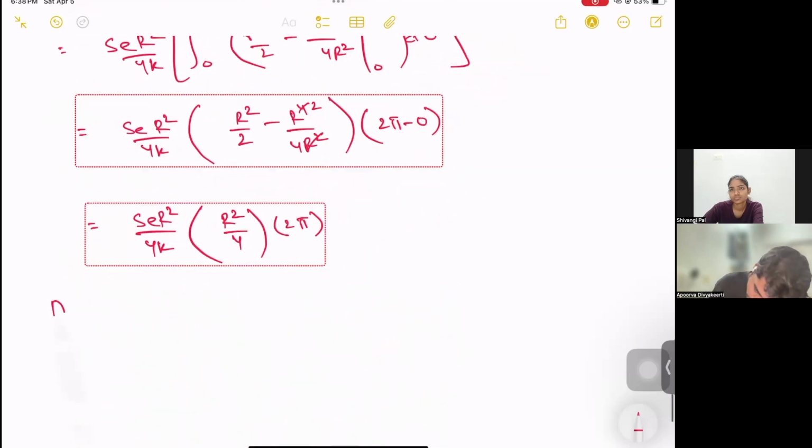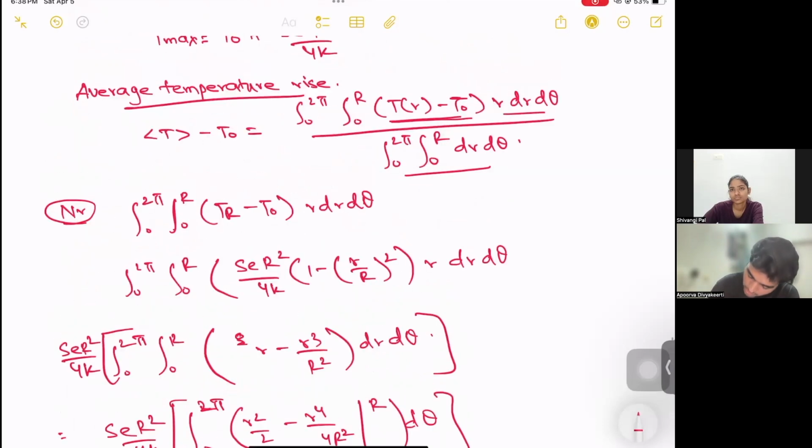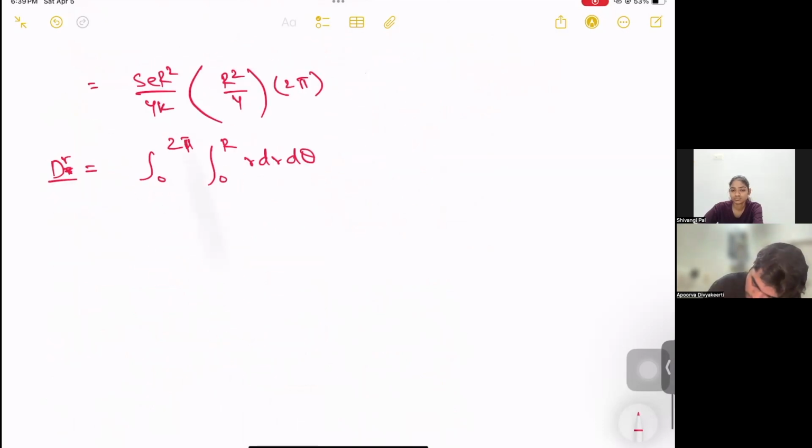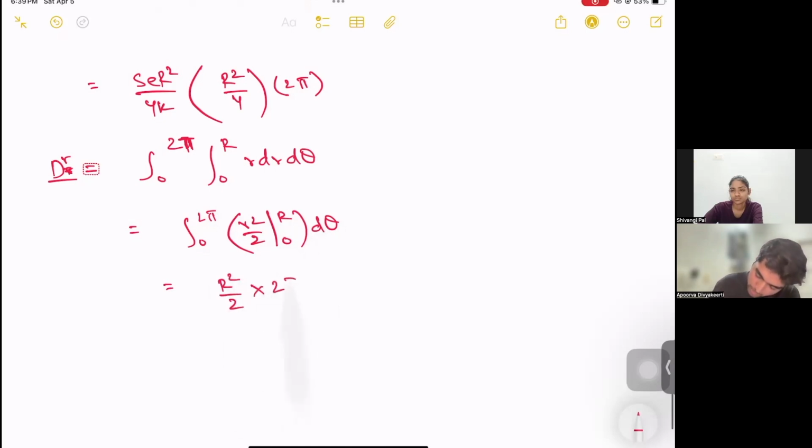Now we'll be integrating the denominator. The denominator is the integral from 0 to 2 pi, integral 0 to R, of r dr d theta. So this is 0 to 2 pi, r square by 2 from 0 to R, d theta, which equals R square by 2 into simply 2 pi.